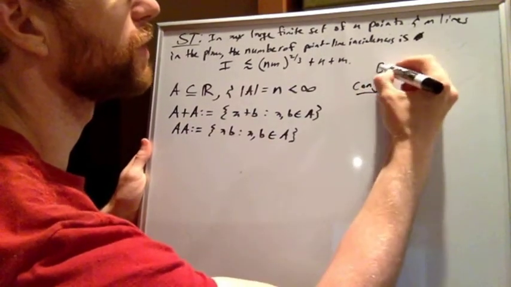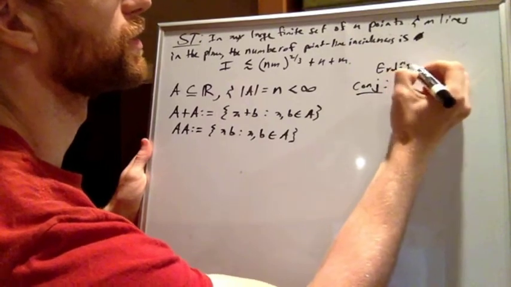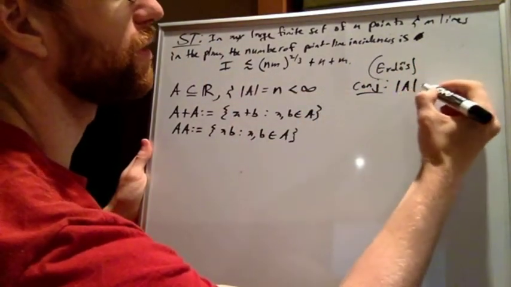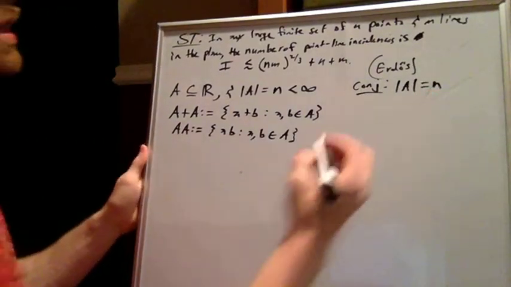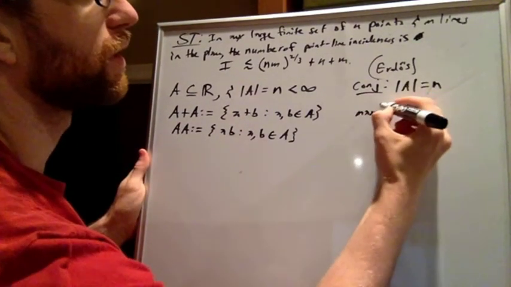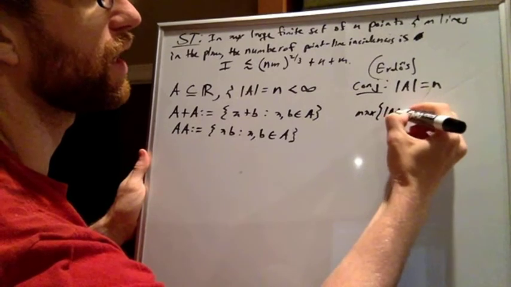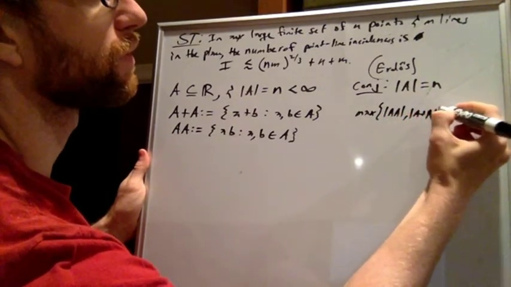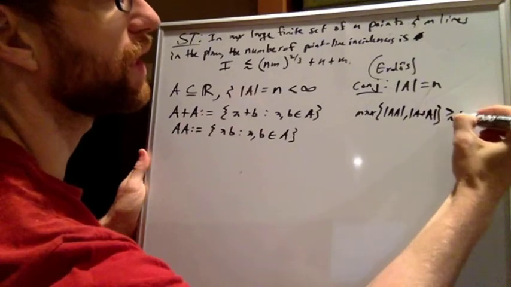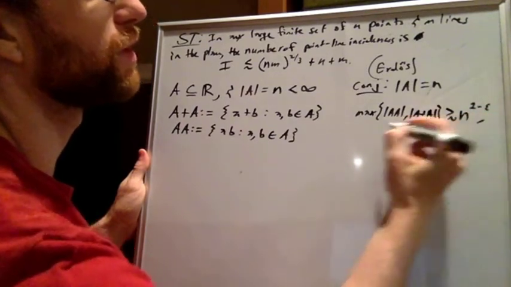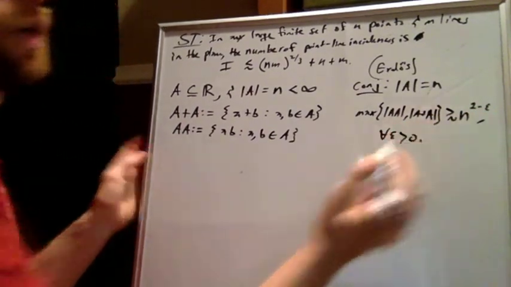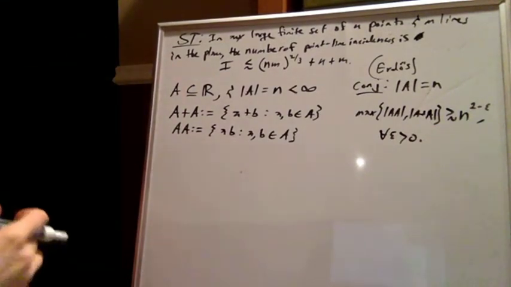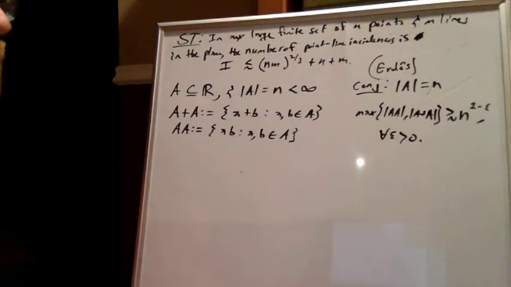Of course it's due to Erdős, that given any set of size n, the max of the sizes of AA and A plus A should be bigger than n to the 2 minus epsilon for any epsilon positive. That is to say, it should be roughly n squared, either n squared products or n squared sums.